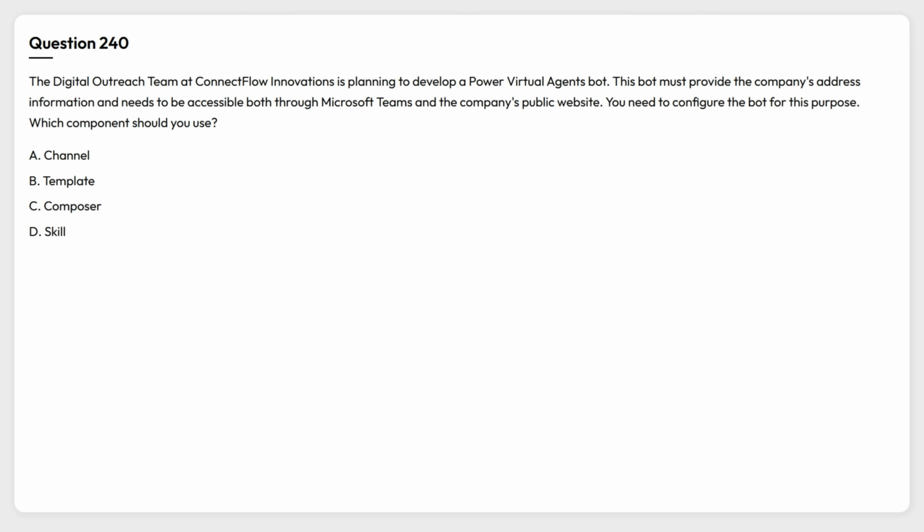You need to configure the bot for this purpose. Which component should you use? Option A, channel. Option B, template. Option C, composer. Option D, skill. The correct answer is option A, channel.